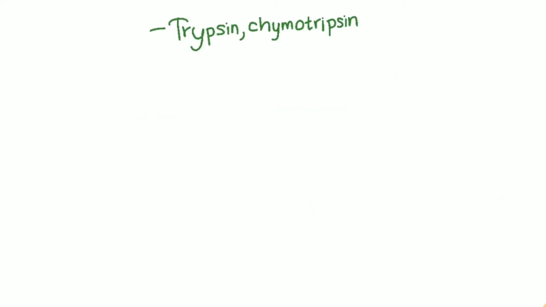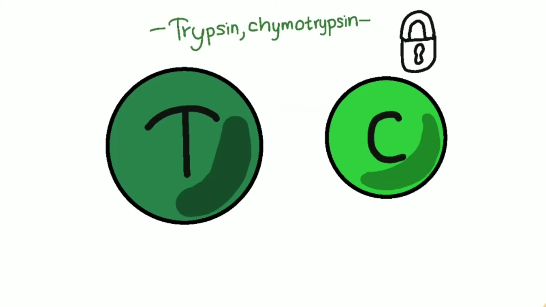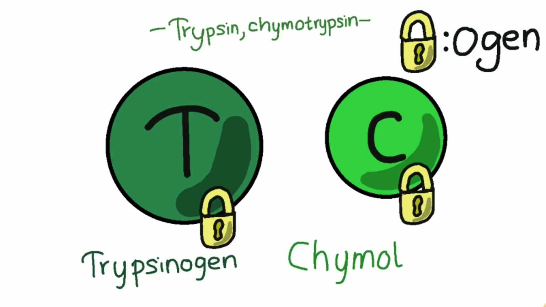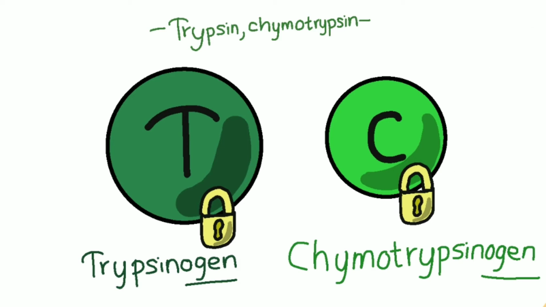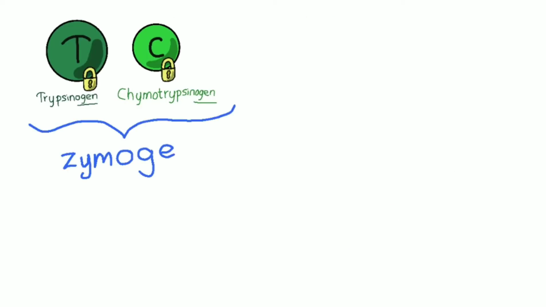The enzymes such as trypsin and chymotrypsin are not secreted in their active forms. Therefore, trypsin is secreted as trypsinogen and chymotrypsin as chymotrypsinogen. These inactive enzymes or proenzymes are collectively known as zymogens. Why zymogens?